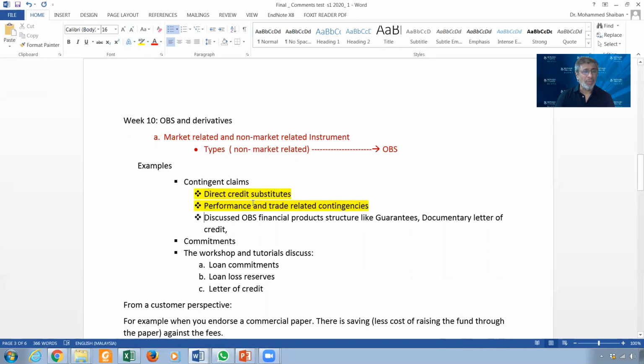Now, we talked about the direct credit substitute and performance and trade-related contingencies. This is for the contingent claims. And in this part, there is nothing much to talk about.